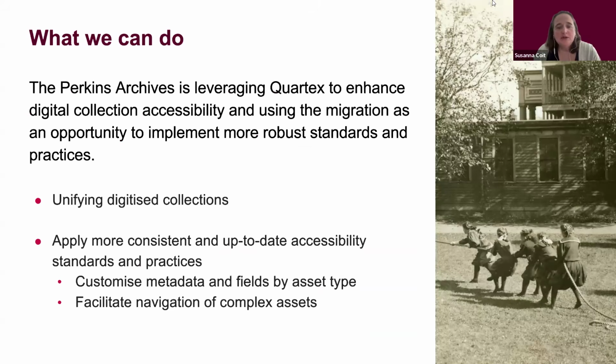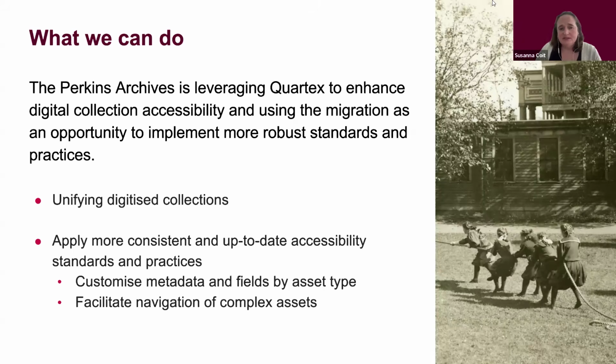So we are using Cortex to enhance our digital collection accessibility and using the migration as an opportunity to implement more robust standards and practices for description and metadata and organization of our materials.